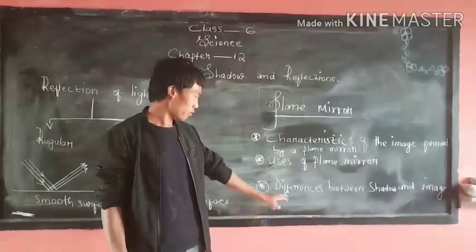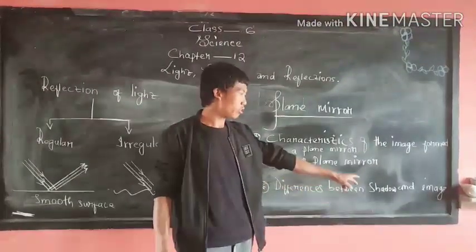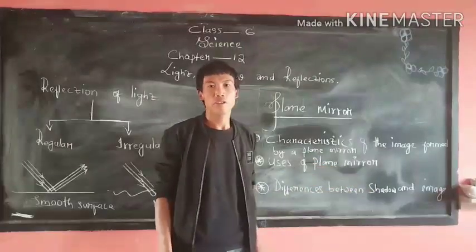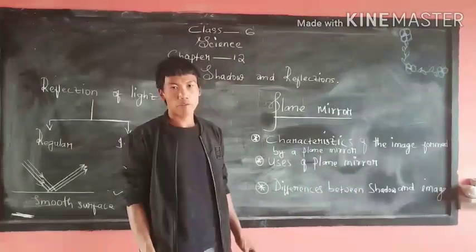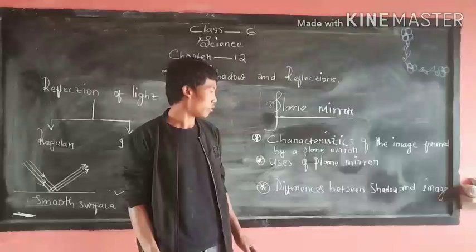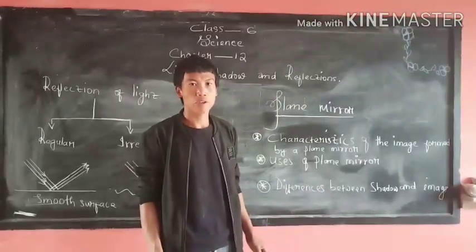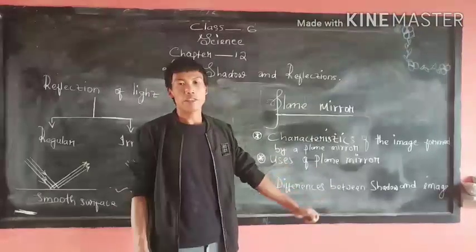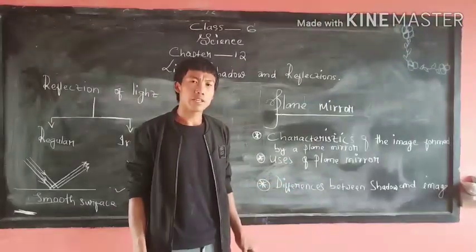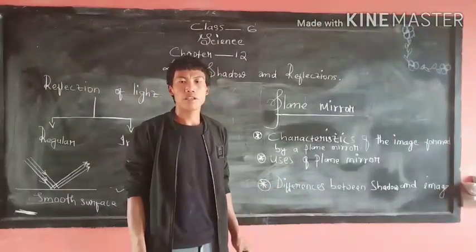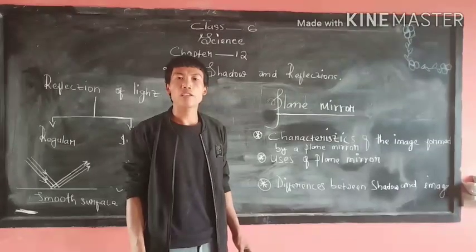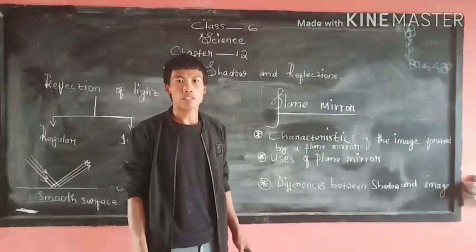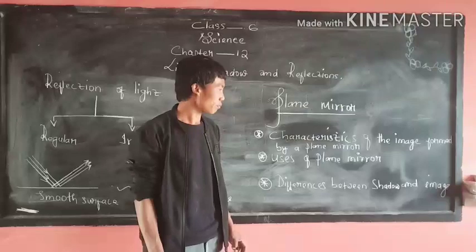The last point, that is differences between shadow and image. So, let me give you a few points of the difference between shadow and image. Point number 1. The color of the shadow is always black, whereas the color of the image is the same as that of the object.